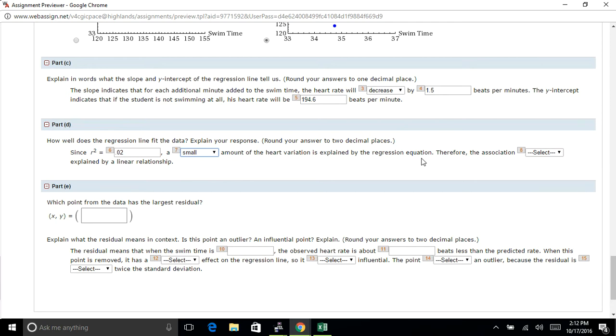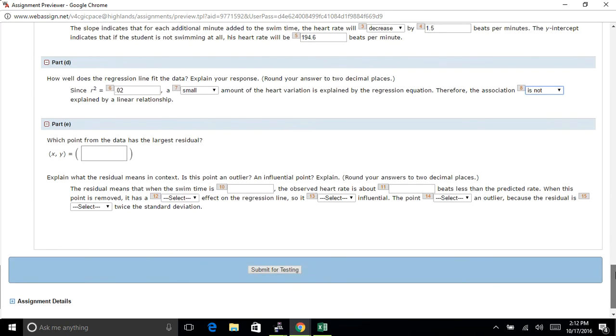Whenever your R squared is really, really small, that means that X and Y really don't have anything that they're related to each other. So this association is not explained by a linear relationship. Again, if R squared is really small, that means there's just a small relationship and the association is not explained by this linear relationship.